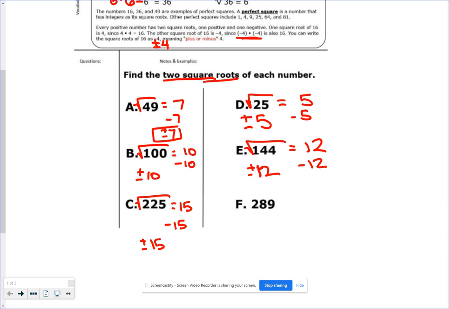All right. There's a weird 12. I'm going to fix it. All right. Square root of 289. What is that going to be? Hopefully you use your calculator. And you got 17. But we also know we need the negative because there's 2 square roots, so plus or minus 17.